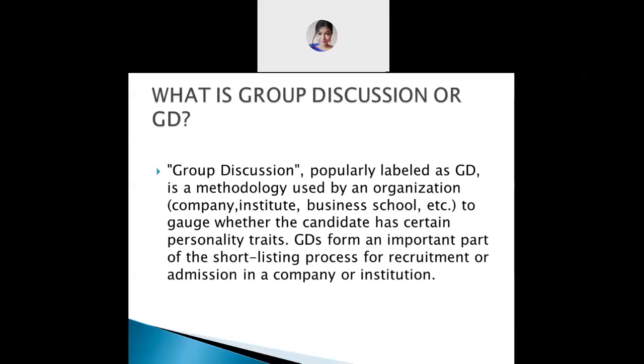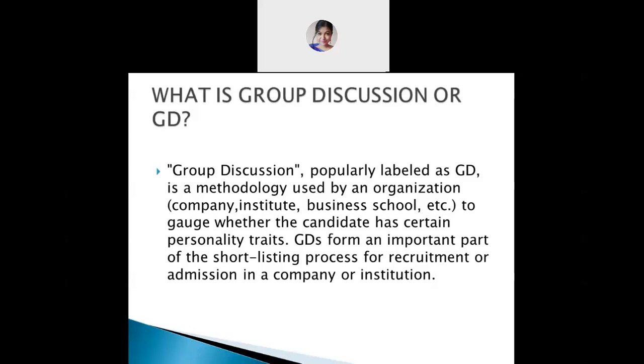It's one of the hiring processes, and in most educational institutes nowadays, group discussion is conducted so as to select the right candidates.